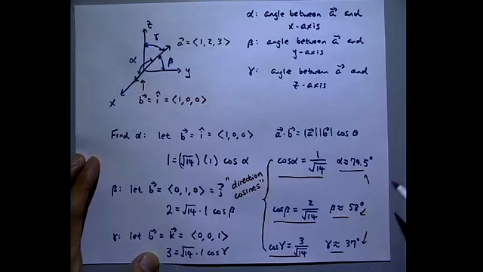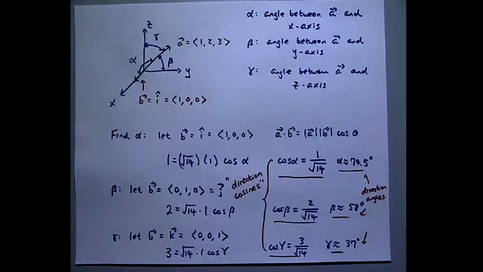And alpha, beta, gamma are called direction angles. So the cosines of alpha, beta, gamma are direction cosines, and the angles themselves are called the direction angles.